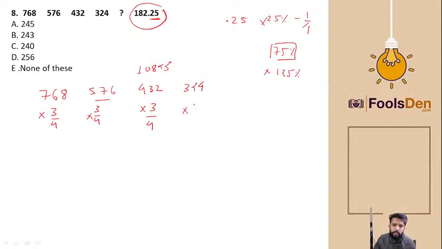and you have to find 7 divided by 5%. Right option is.